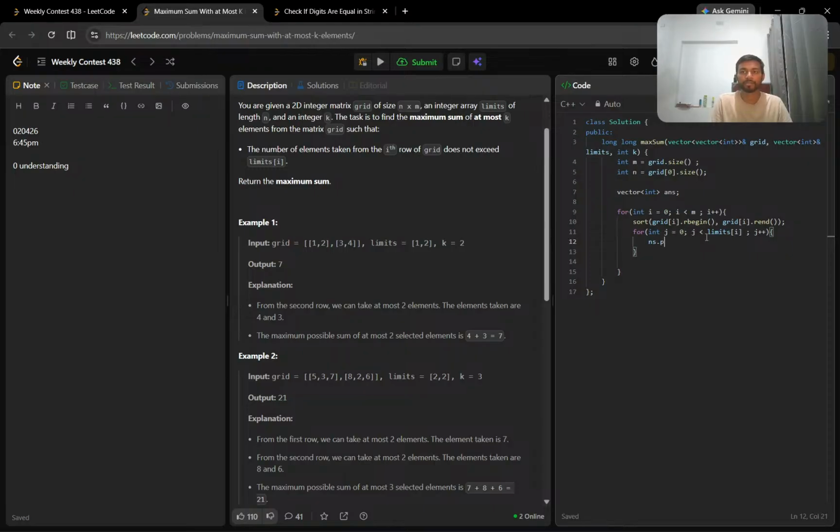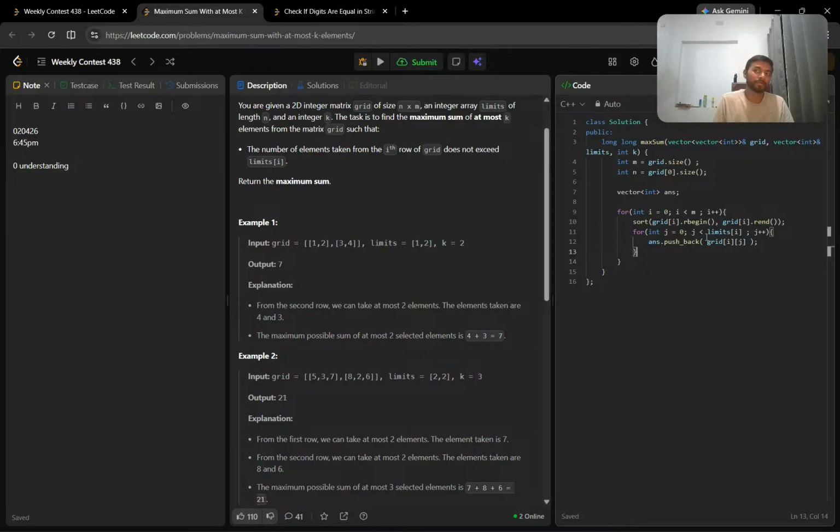Answer dot push. I am going totally, like, I'm not thinking or using my brain. It's just I am doing it. Then grid, then I, then j. Then push back into the array, answer array, and yeah, that's it.